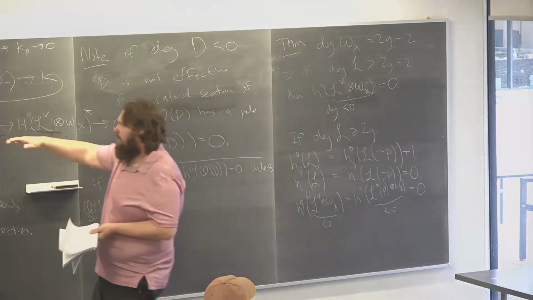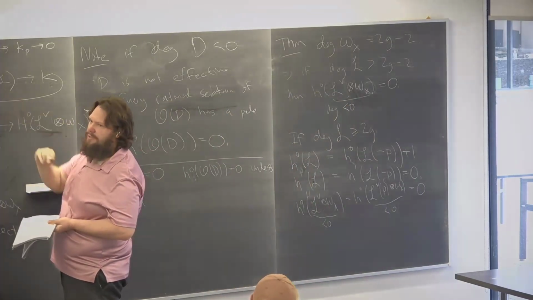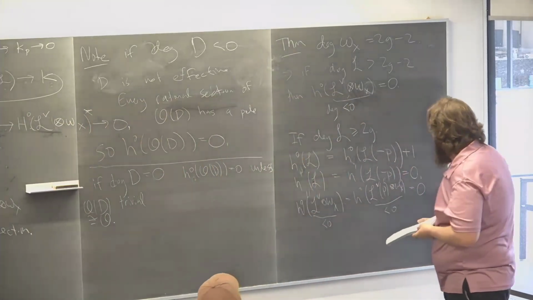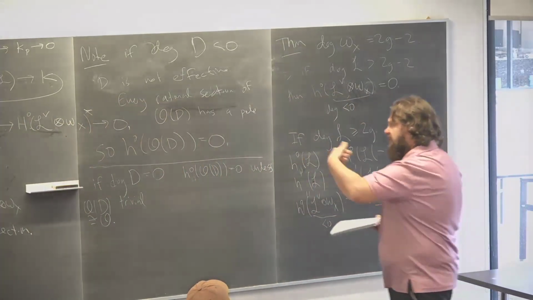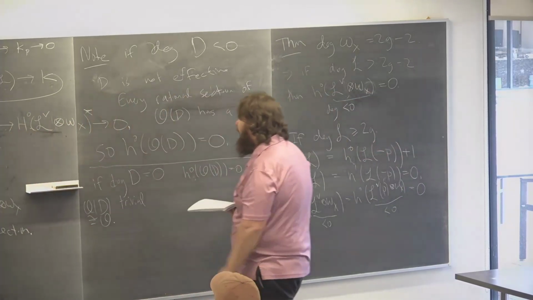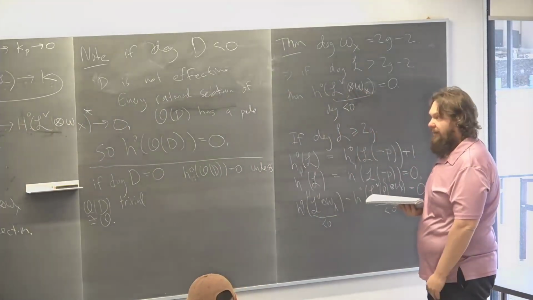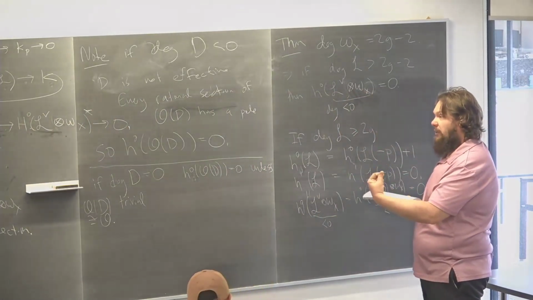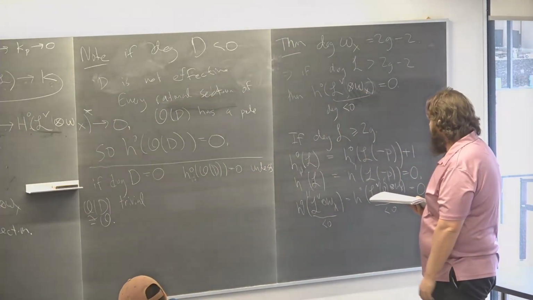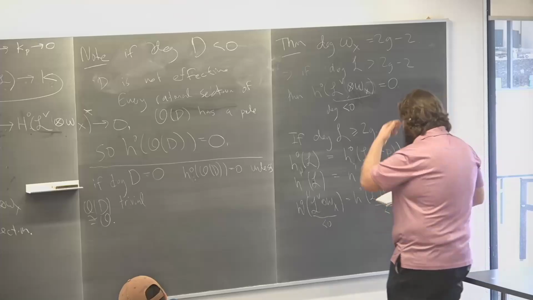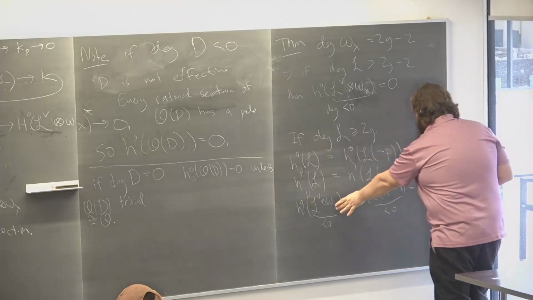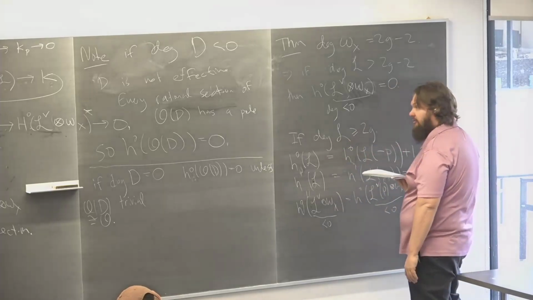So once I've made sure that these are 0, this sequence has to be exact. So it can fail a finite number of times as I add more points to my divisor and kill off elements of H1 instead of getting new elements of H0. But eventually I will have used up all my elements of H1, and I will find that H0 is changing.